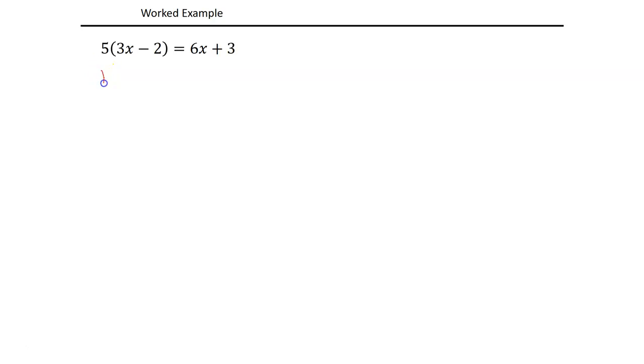So we start by expanding. Now, this is like the first example that I went through. So I've got 15x on the left-hand side, 6x on the right-hand side. 6x is smaller than 15x, so I'm going to subtract 6x from both sides.